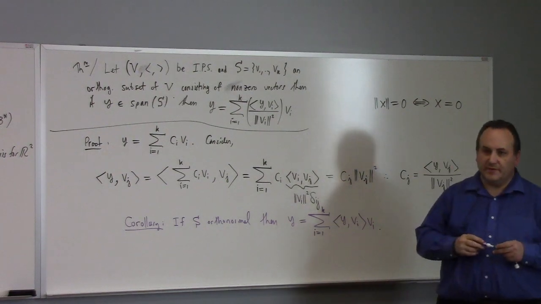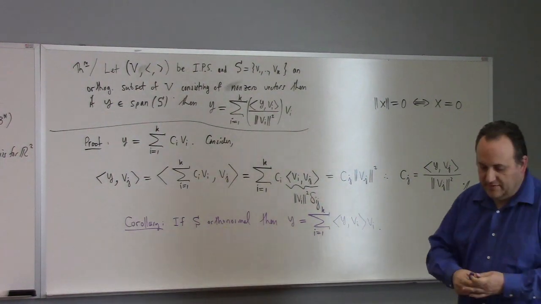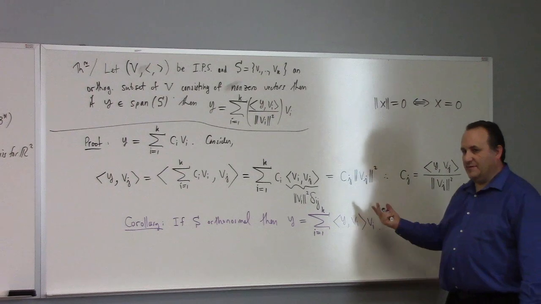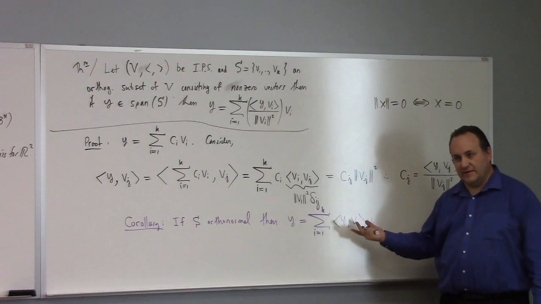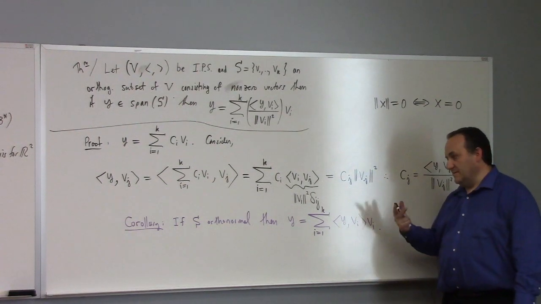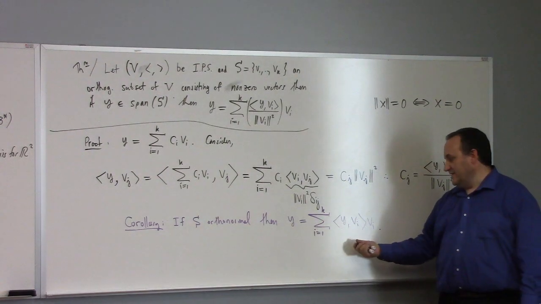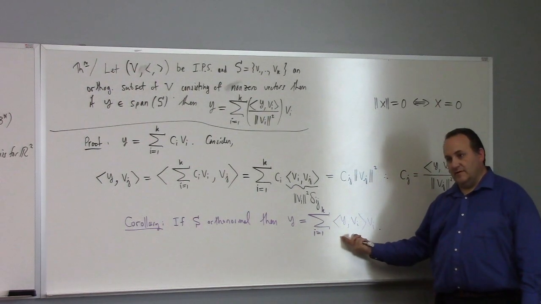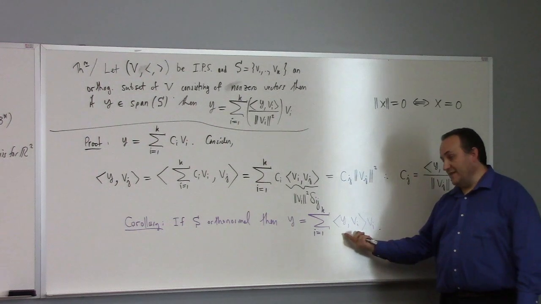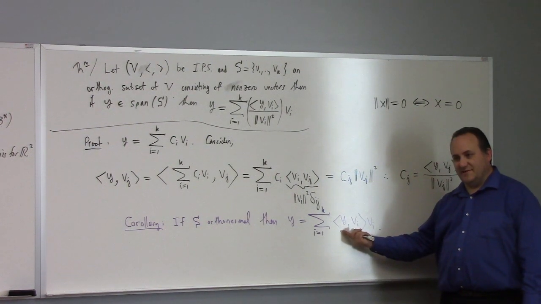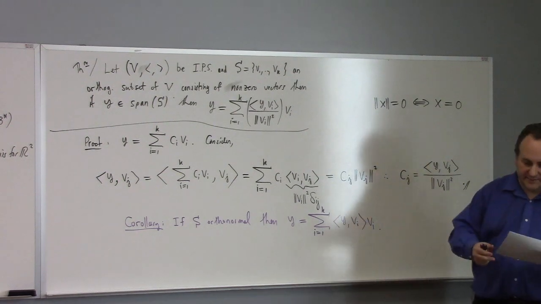That's the corollary. For an orthonormal basis, the components are even nicer. This has an obvious application to the problem of a basis. If S is a linearly independent spanning set for the whole vector space, and it's an orthonormal basis, then these would actually be the components of the coordinate vector of y with respect to that basis. In other words, we can calculate the coordinates with respect to an orthonormal basis simply by taking inner products, which is ever so much nicer than trying to invert a basis matrix and multiply, or whatever else is involved for an abstract space.